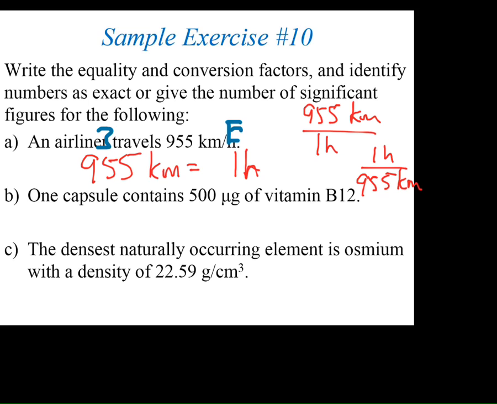Okay, how about this one? A capsule contains 500 micrograms of vitamin D12. Okay, so let's write a nice little conversion factor between that. So how could I write that? 500 micrograms equals what? 1 capsule.